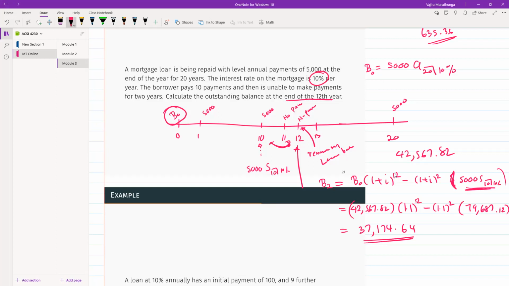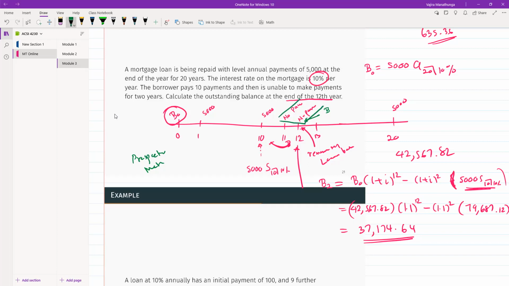Now, if you want to use the prospective method, let me use a different color. For the prospective method, what you can do is calculate the outstanding loan balance at time 12. It's going to be hard because of these no payments.